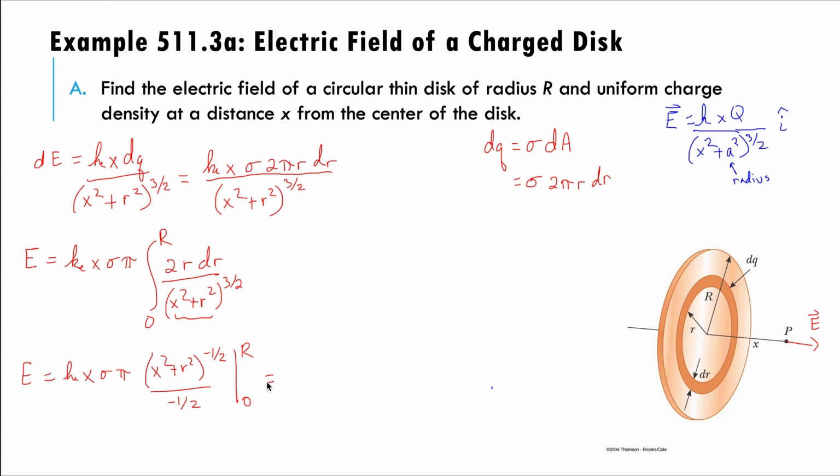So let's go ahead and plug those values in. ke x sigma pi, and so we have (x squared plus capital R squared) to the negative 1/2. And actually, let me bring that negative 1/2 to the top here and call it negative 2.